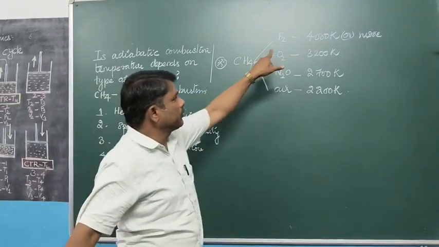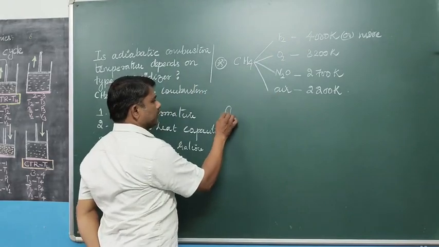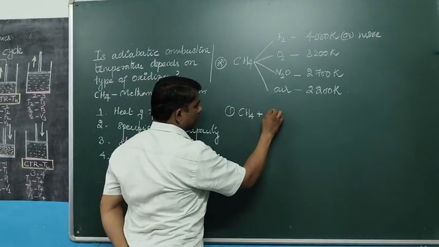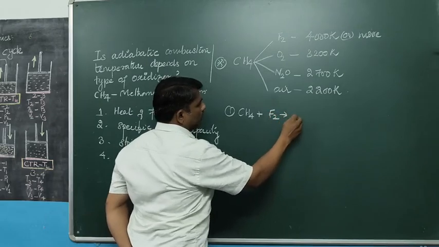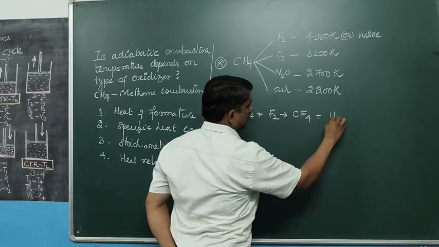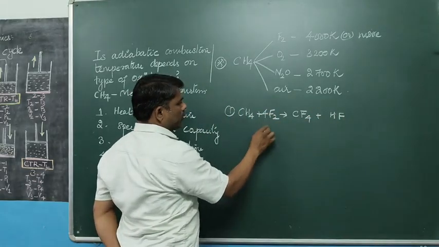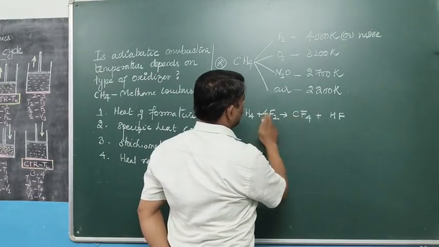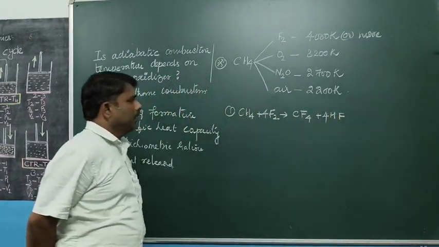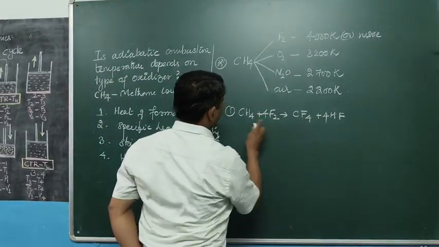First, I am going to discuss fluorine as an oxidizer. Combustion of methane using fluorine gives carbon tetrafluoride plus hydrogen fluoride. The stoichiometric balance: CH4 plus 4F2 gives CF4 plus 4HF. Clear? 4 times 2 is 8 fluorine, 4 plus 4, okay. Now it is balanced.